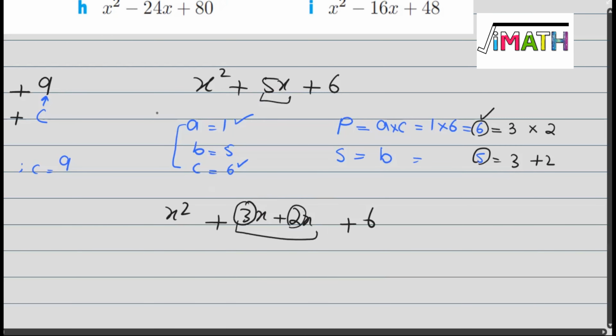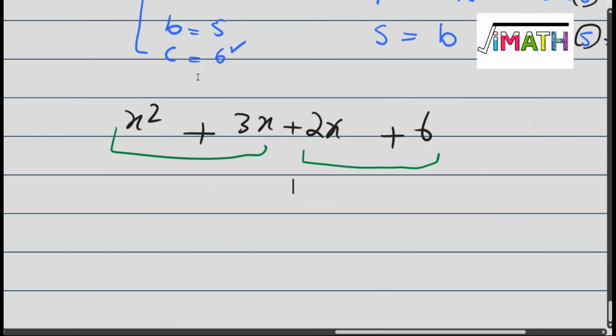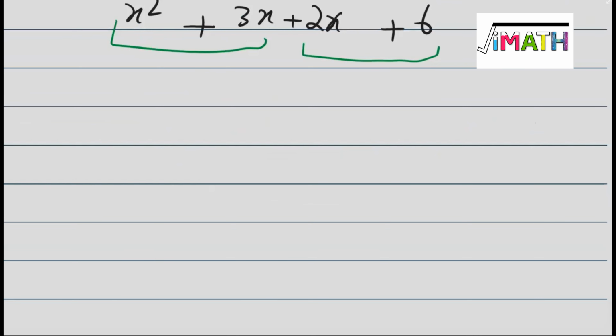So if we have these four terms, can you factorize them by grouping them into twos? So first two and second two. That's gonna be x times x plus 3, and from the second group it's gonna be 2 times x plus 3. And the test is, if you get the same factor from both of the groups, that means you are going in the right direction.